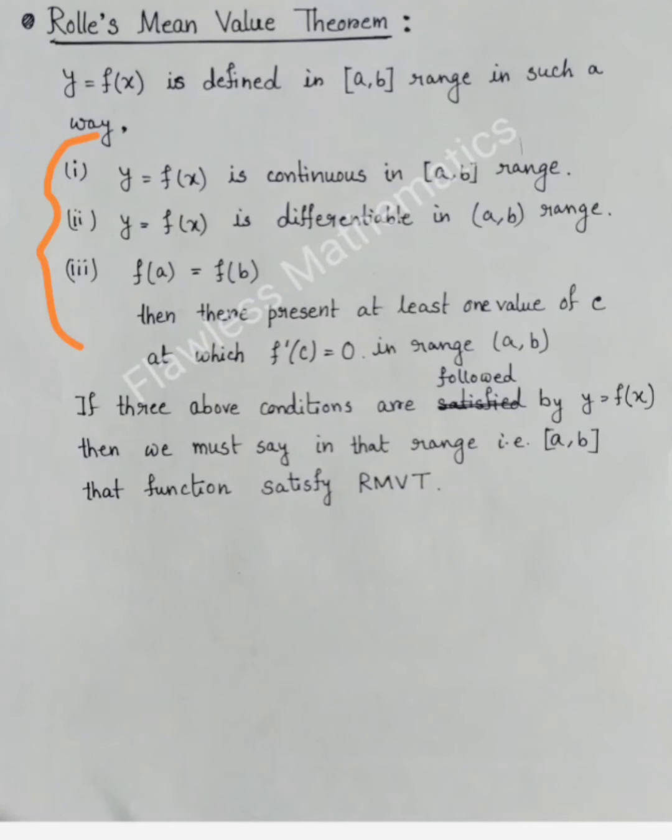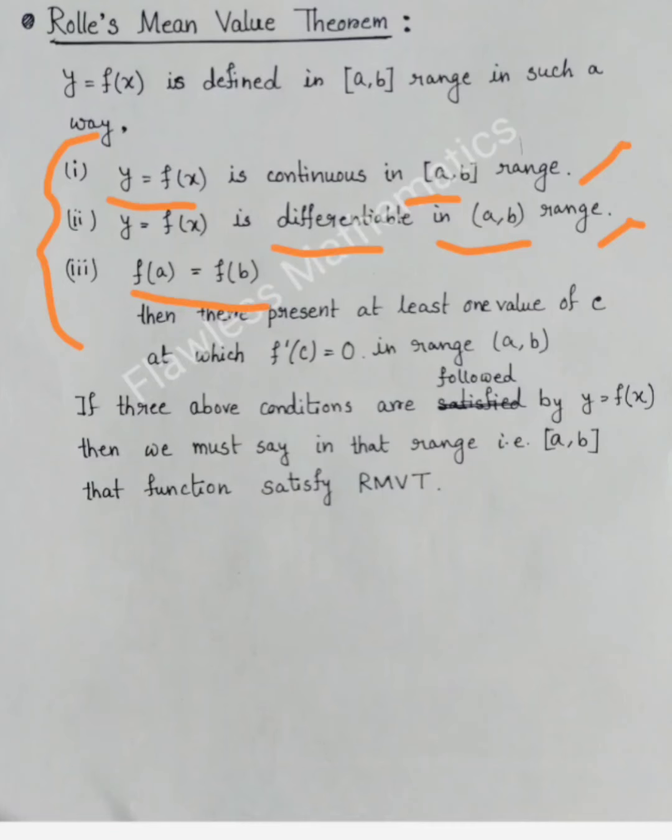Now let's move to the next point: y equals f of x is differentiable in the open interval a comma b. So that is two conditions. Number one, y equals f of x is continuous in the closed interval a comma b, and y equals f of x is differentiable in the open interval a comma b. Now the third condition is f of a equals f of b.